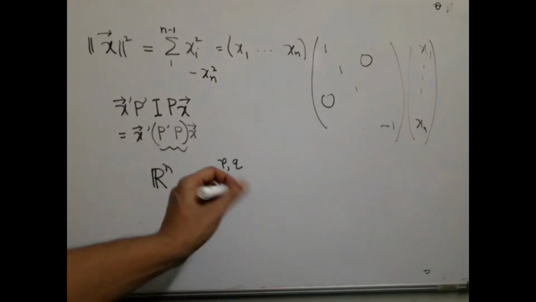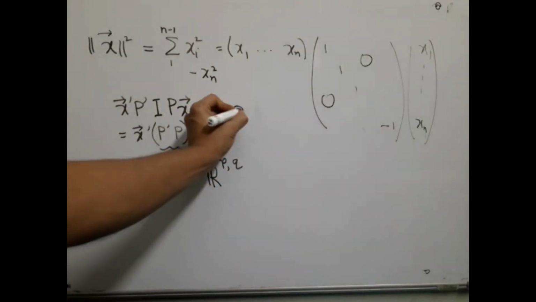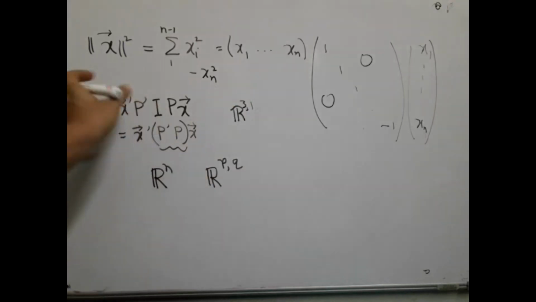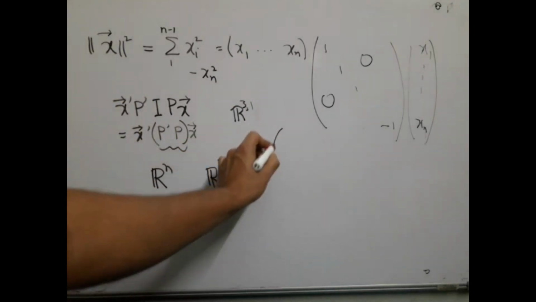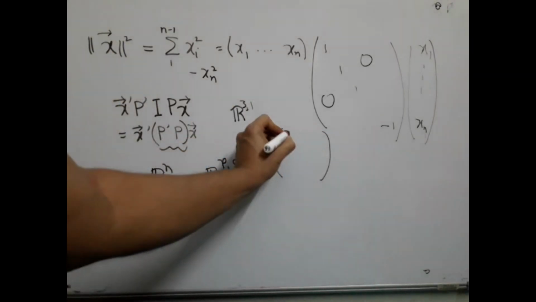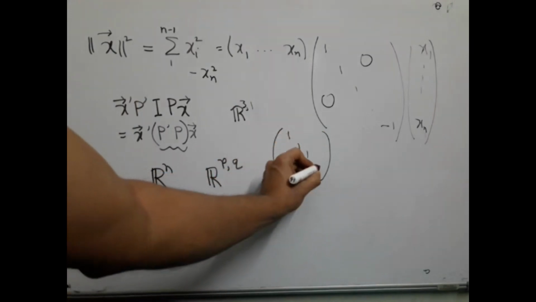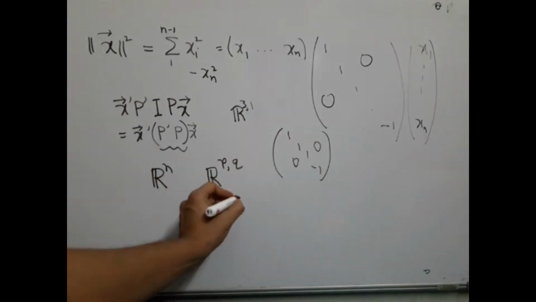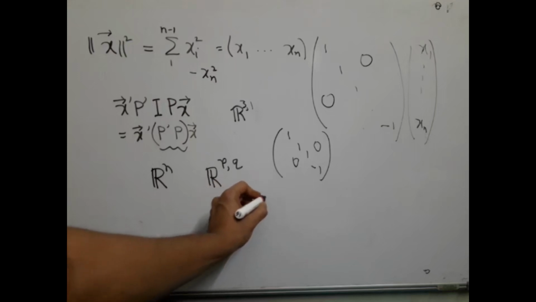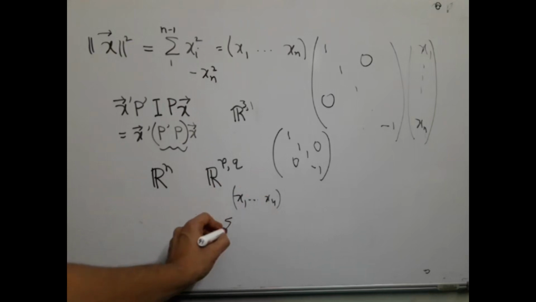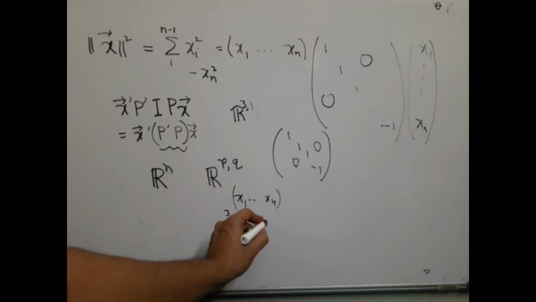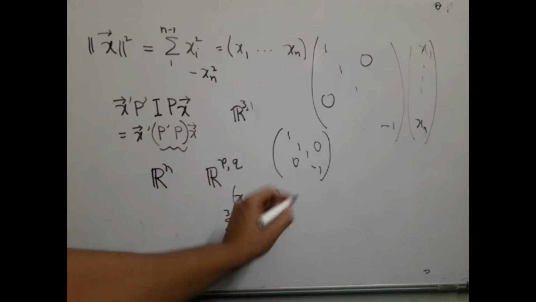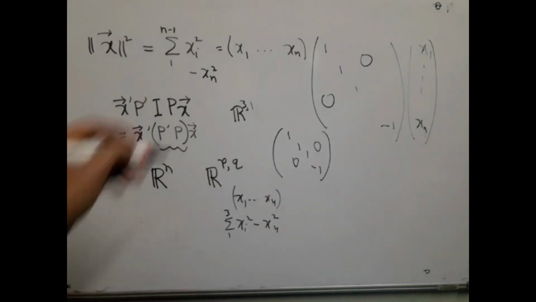For instance, if I am working with R31, it is the same as working with R4, except that my norm will be given by 1, 1, 1, minus 1. That is, if I give you any vector which is x1 to x4, in that case its norm will be defined by summation xi square 1 to 3 minus x4 square. So this will be called the R31 space.